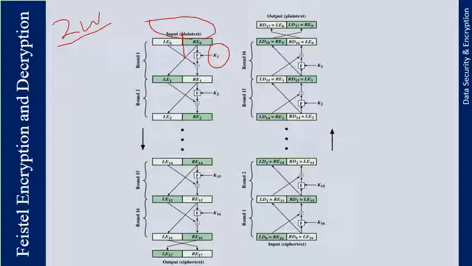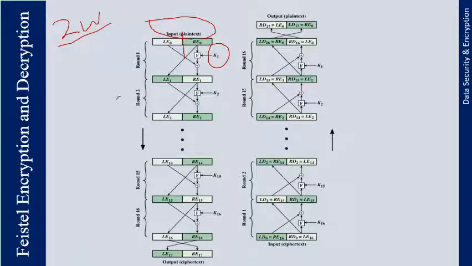So the 2 halves of the data pass through n rounds. n stands for the number of rounds that a Feistel cipher structure takes, processes and combines to produce the ciphertext block. Each round has input left marked as LE with the number and right marked as RE with the number, and these inputs are derived from the previous rounds.